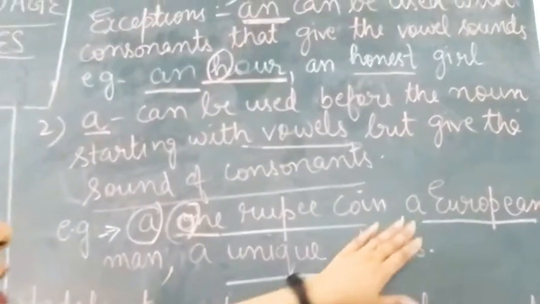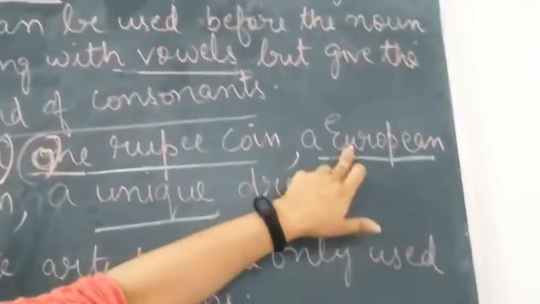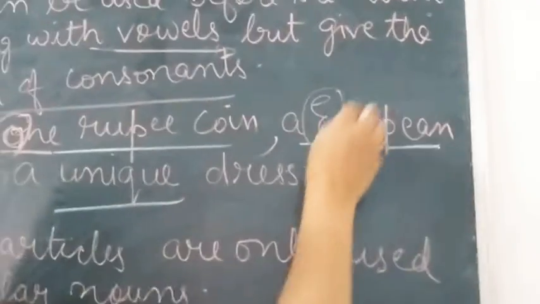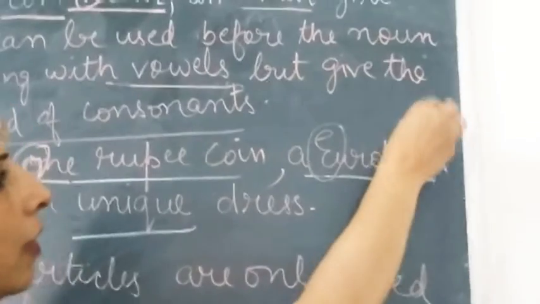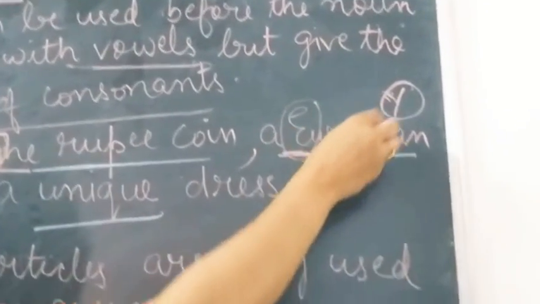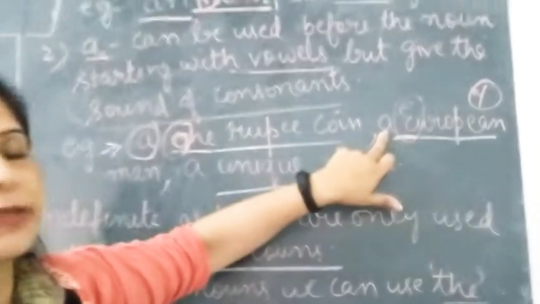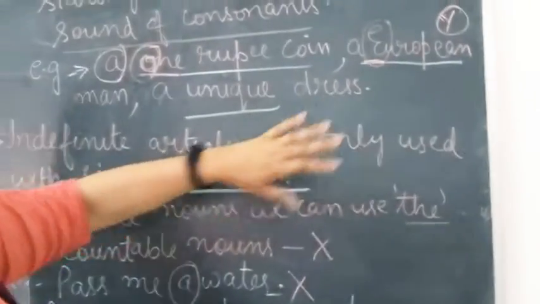Then, a European man. Now here EU, whenever EU comes together, it gives us the Y sound, as in European. Y is a consonant, E is a vowel, but the sound we are getting is the Y sound. So we will use a before this word.